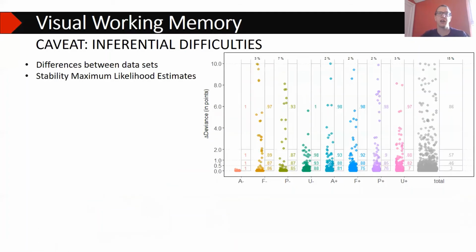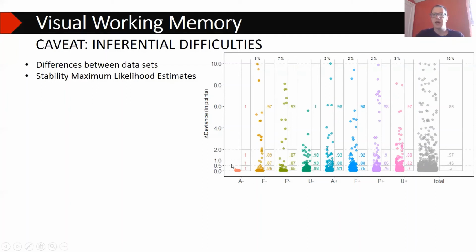The second thing is that the maximum likelihood estimates we used as a basis for all our comparisons are actually very, very unstable. So we ran each model 20 times on each data set. This is the comparison for AIC. And we compared the best run and the second best run of each data set to see how far apart they are in their maximum likelihood estimates, so in deviance terms.